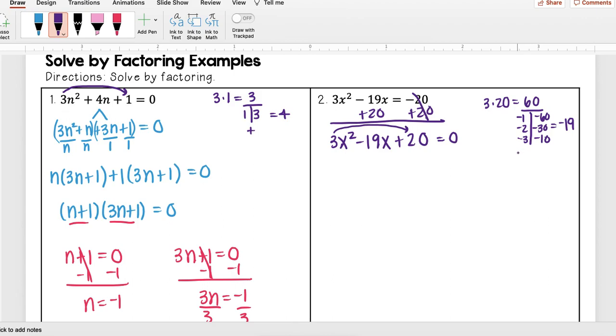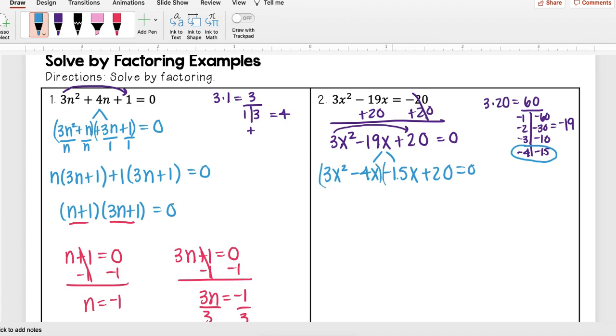And I see, negative 4 and negative 15, those multiply to positive 60, and I see those do add to a negative 19. So that means instead of negative 19x, I want to have negative 4x minus 15x plus 20 is equal to 0. So I split that negative 19 into negative 4 and negative 15.